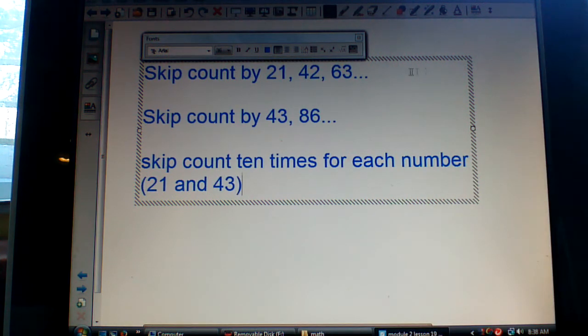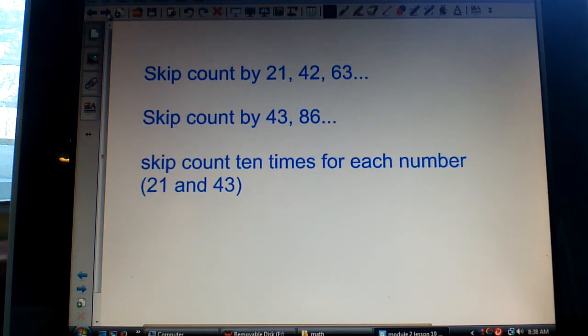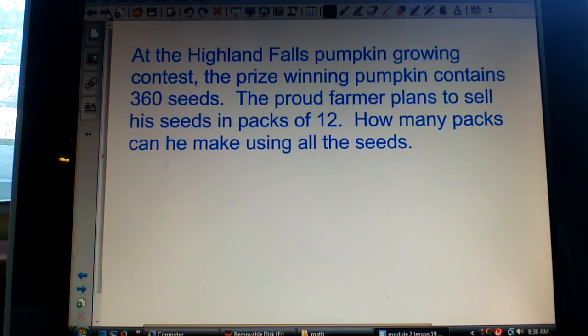Okay, so you're going to go from 21, 10 times till whatever you end up with. 43, 10 times till whatever you end up with. You kind of figure that out in your head, what 10 times these numbers is going to be when you get all the way to the end. Okay, so you're going to do that in your notebook. And so you're going to hit pause, you're going to come back, and we're going to keep going.